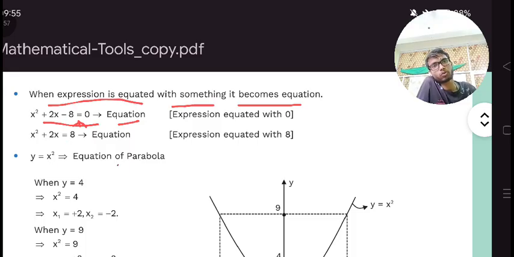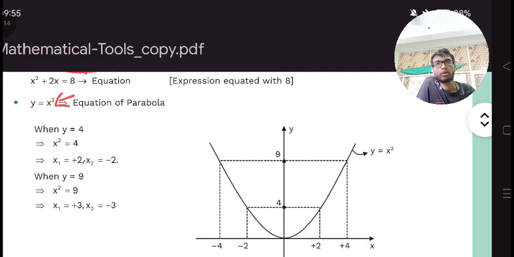y is equal to x square is the equation of a parabola. This x square is known as a parabola. Remember, y is equated with x square. When y is equal to 4, when we put this 4 over here, then what will become?